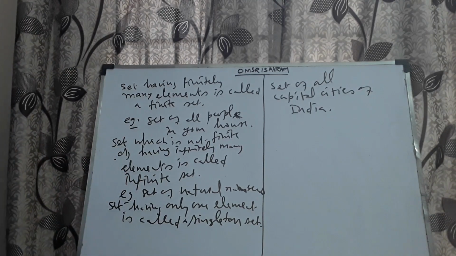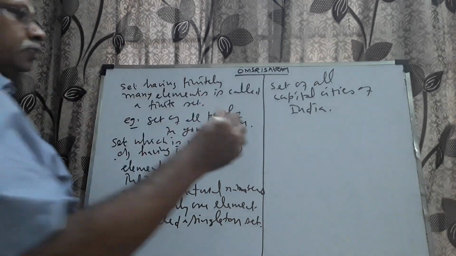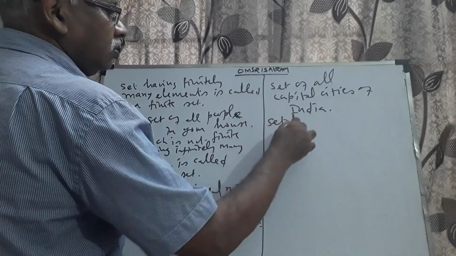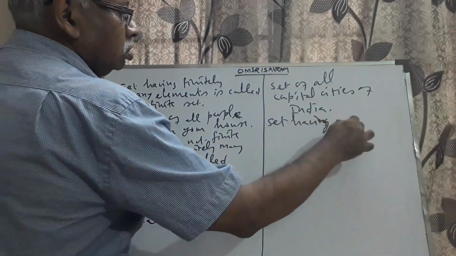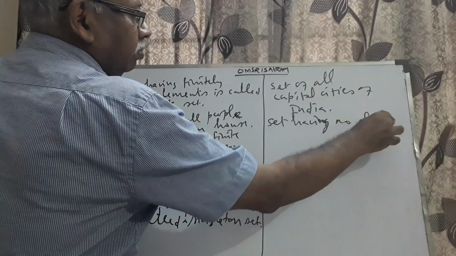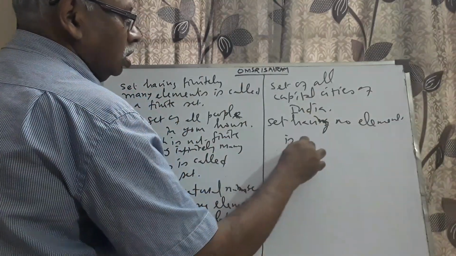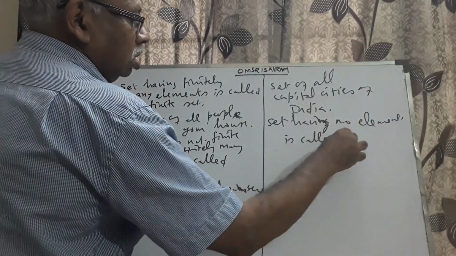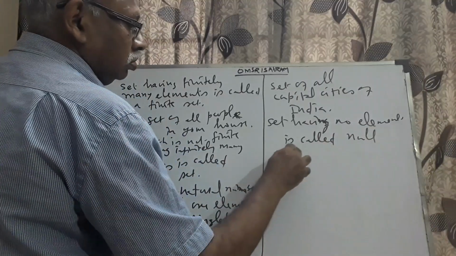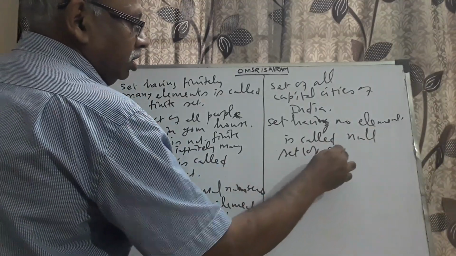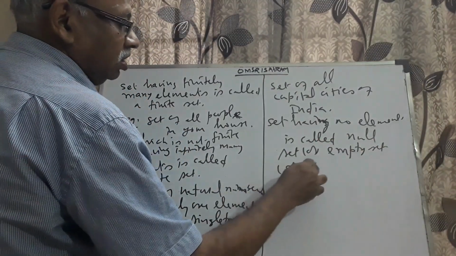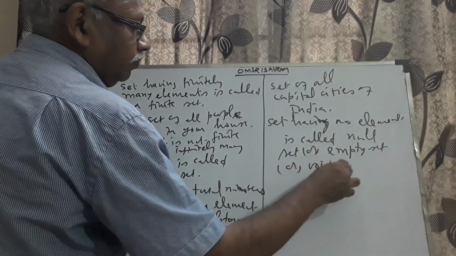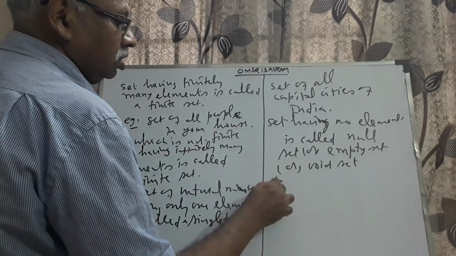Okay. Then a set having no element is called a null set or empty set, or there are different names for the same, void set.